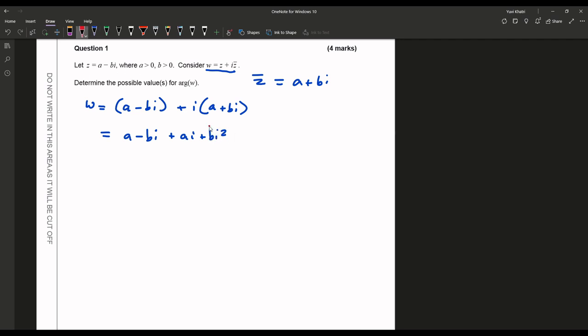And remember that i squared is -1, so this just becomes negative b. And we'll factor out an i.